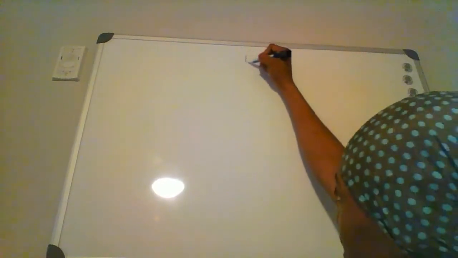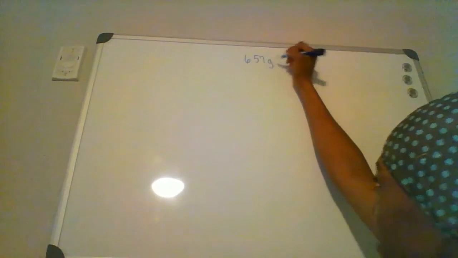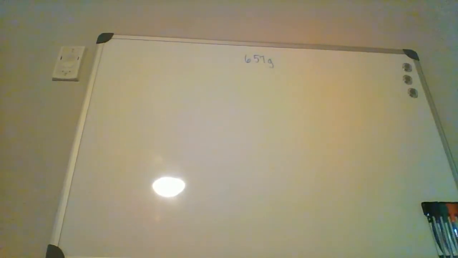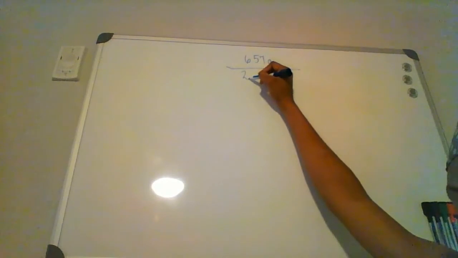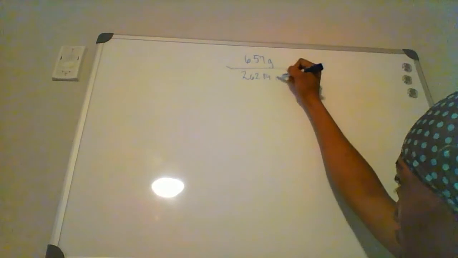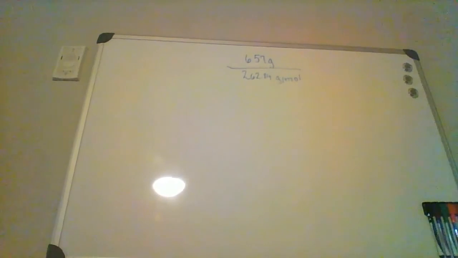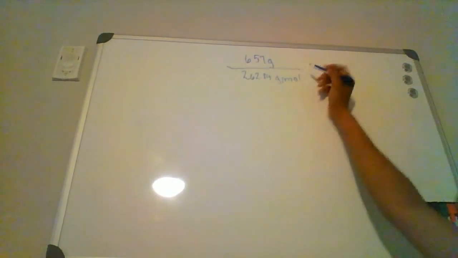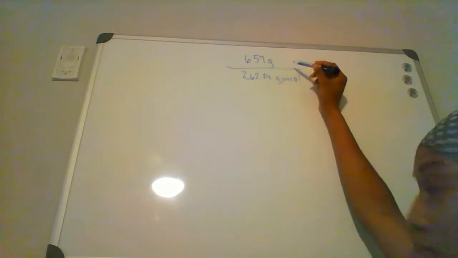So let's suppose you're told you have 6.57 grams of some particular substance, and you're told that its molar mass is 262.84 grams per mole. Can you calculate the amount of moles contained in 6.57 grams of this substance?